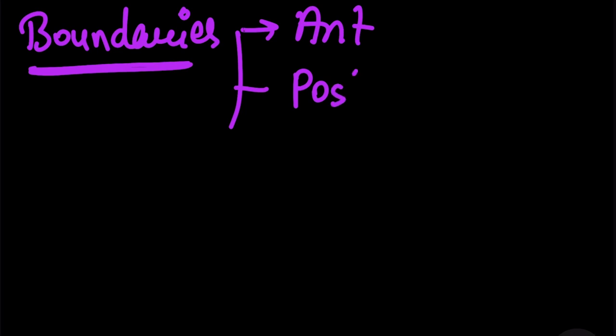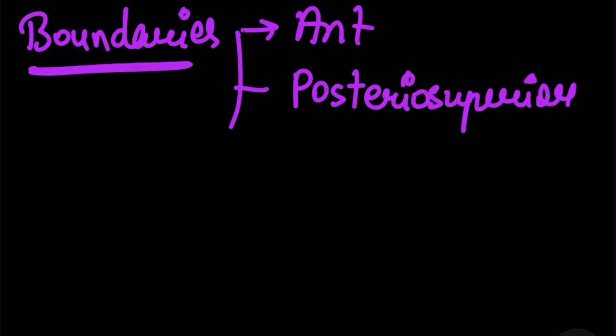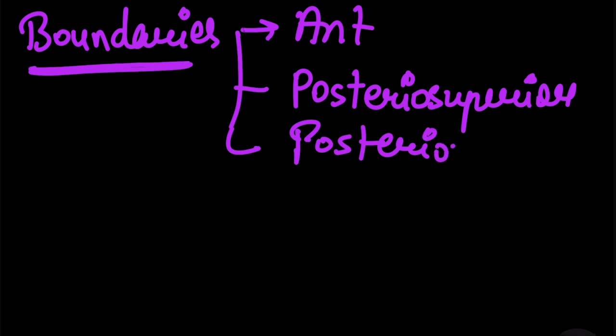of muscular triangle. First point, it has an anterior boundary, it has the posterior superior boundary, and it has the posterior inferior boundary.